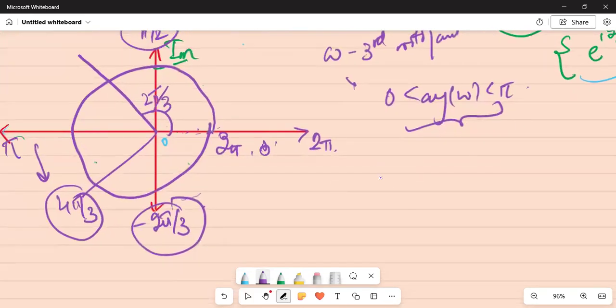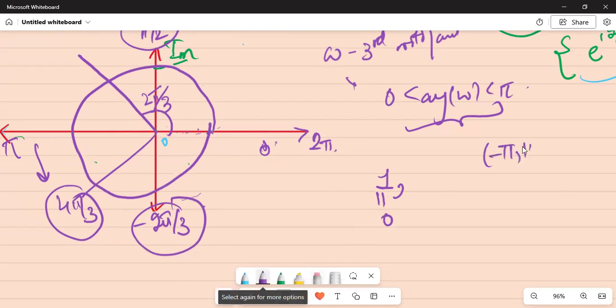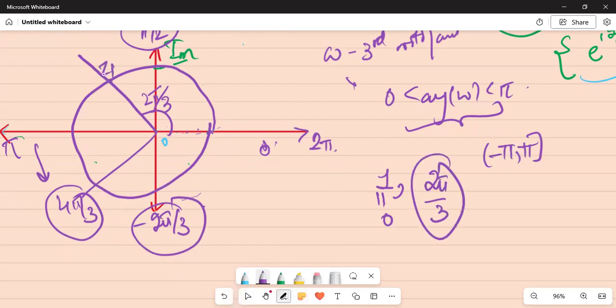So 1 is the first root of unity and it has the principal argument of 0, and we can't consider pi because it has to lie between this and this. The second has the principal argument 2 pi by 3, if this is the second cube root of unity, and this is the third one.